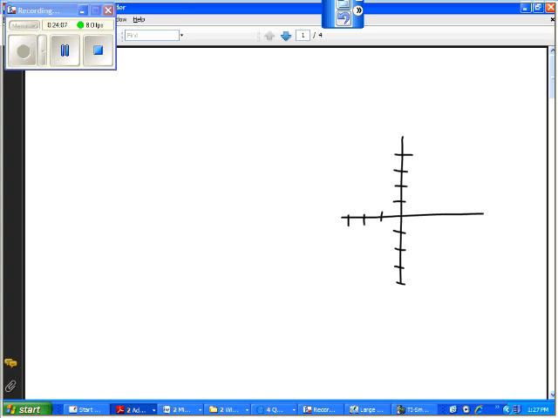So the point -3,4 is right here. If we were to draw the triangle with the radius, there's my right triangle, right? And it has -3, +4 as the coordinates of that point on the terminal side.